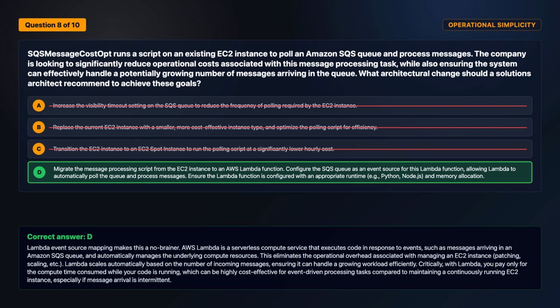This eliminates the operational overhead associated with managing an EC2 instance, patching, scaling, etc. Lambda scales automatically based on the number of incoming messages, ensuring it can handle a growing workload efficiently. Critically, with Lambda, you pay only for the compute time consumed while your code is running, which can be highly cost-effective for event-driven processing tasks compared to maintaining a continuously running EC2 instance, especially if message arrival is intermittent.